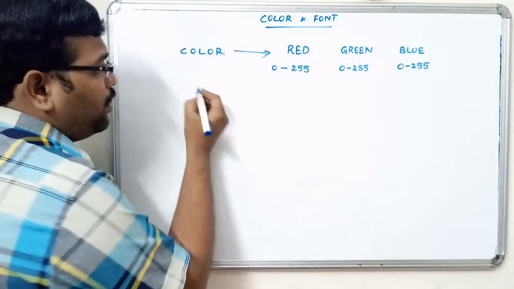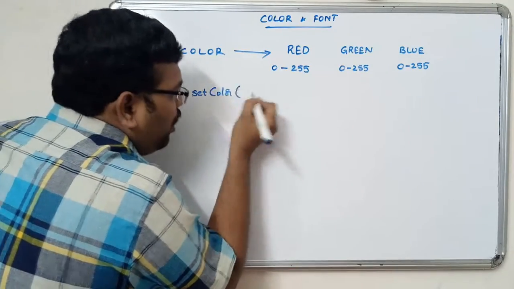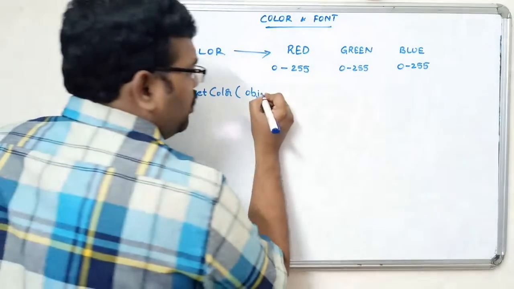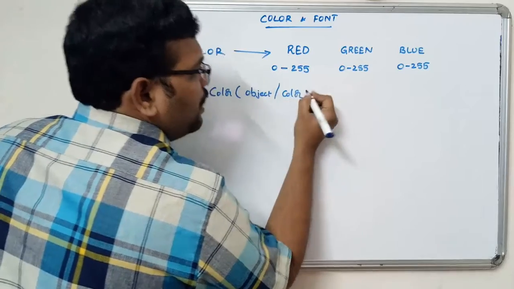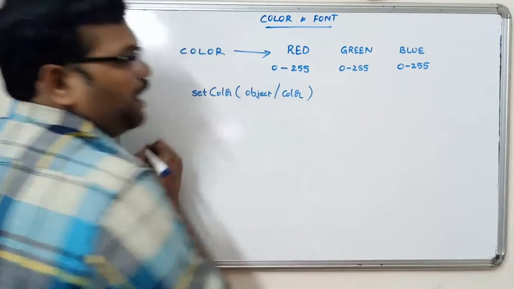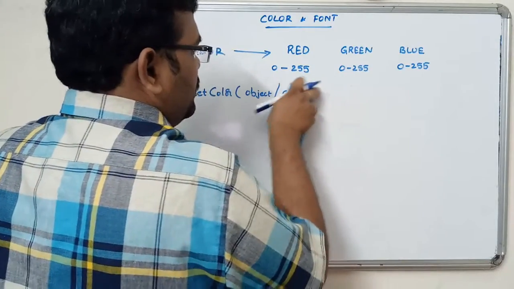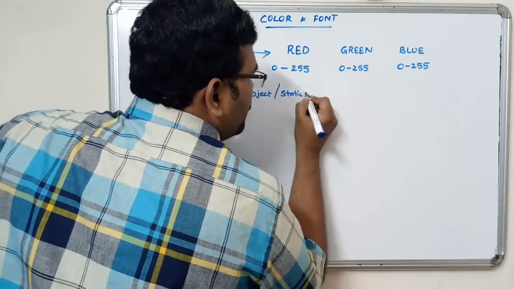If you want to set the color, there is a method for assigning a color to the font, called setColor, where we can give either an object or a color with a static member.